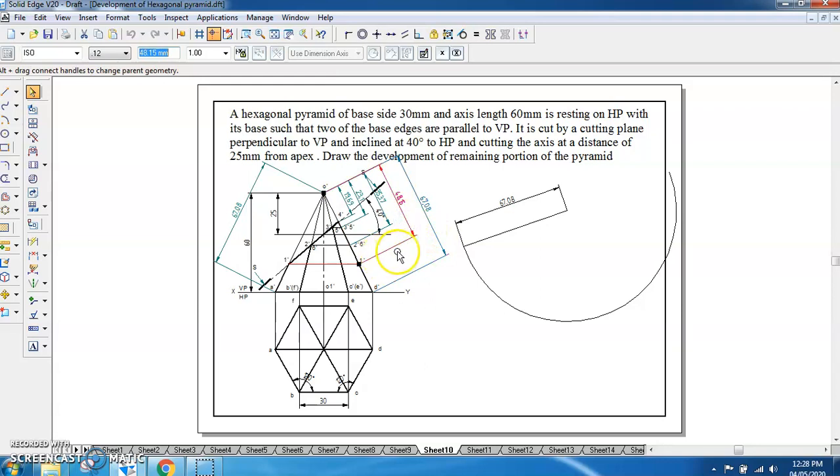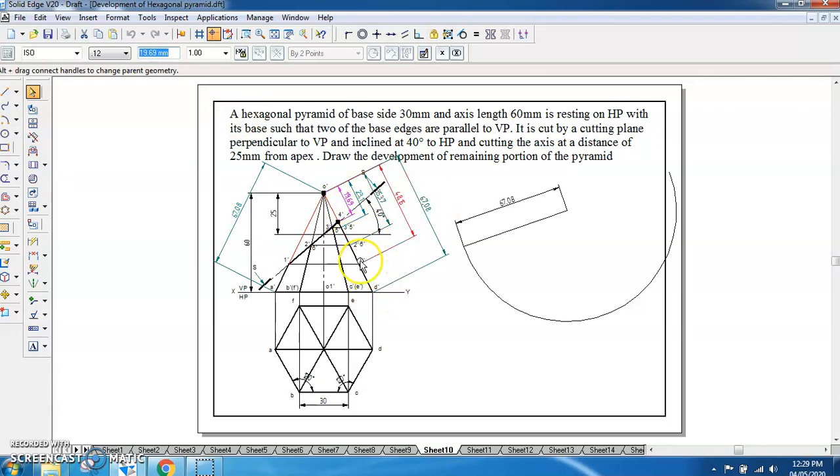Point 1 will be at a distance of 48.15. Then points 2 and 6 will be at 35.37. Then 3 and 5 will be at 23.1 mm, and 4 will be at a distance of 19.6. So we have got the cutting points and their lengths on the true length of the slant edge.